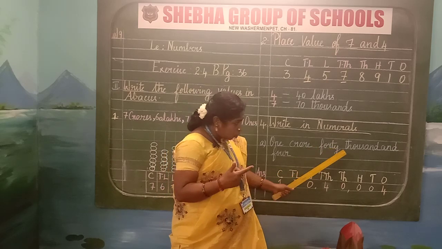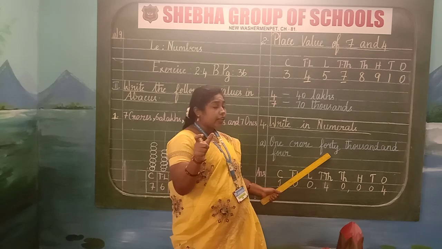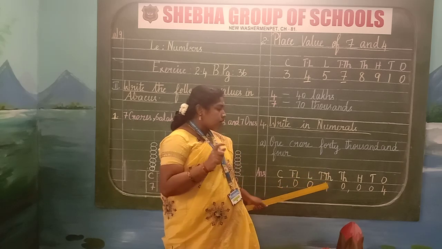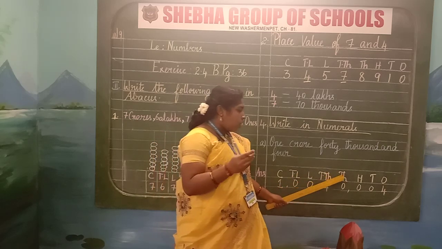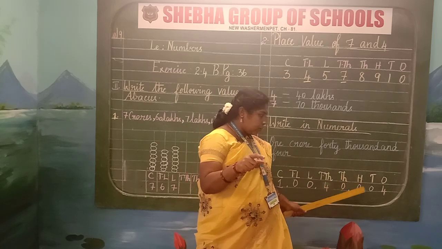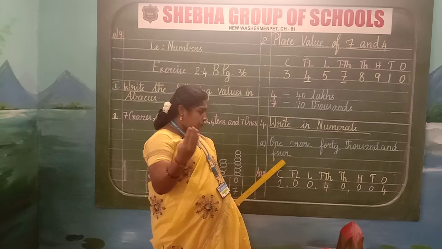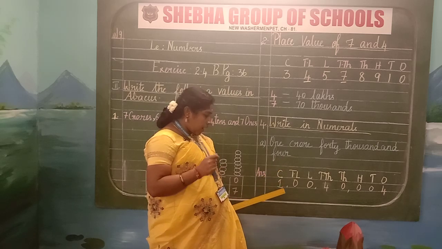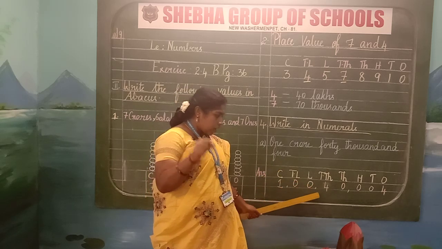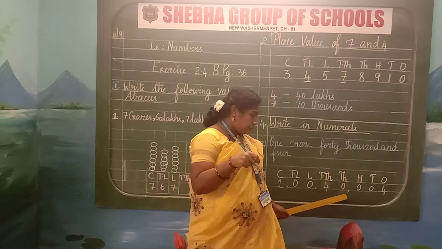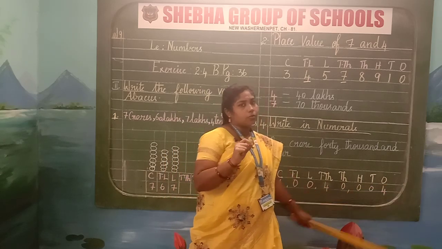For thousands they have mentioned 40,000. So in 10,000 we have to write 4, thousands 0, hundreds 0, tens 0, and in ones they have given you the number name 4. So the answer is 1, 0, 0, 4, 0, 0, 0, 4.